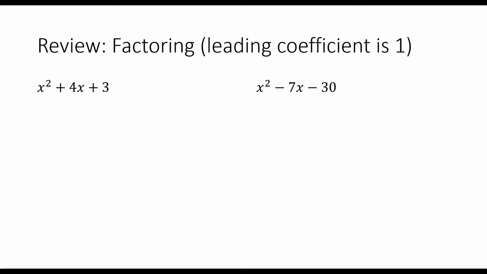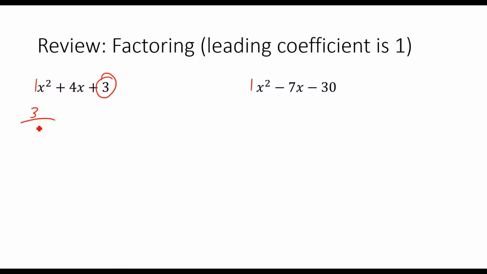Okay, so factoring. Okay, this one's the easy way of factoring. Let's say you had a leading coefficient of 1, meaning that the number in the front right here was a 1. Okay, if you have this type of equation, all you have to do is take a look at the last number, in this case 3, and take factors of it.